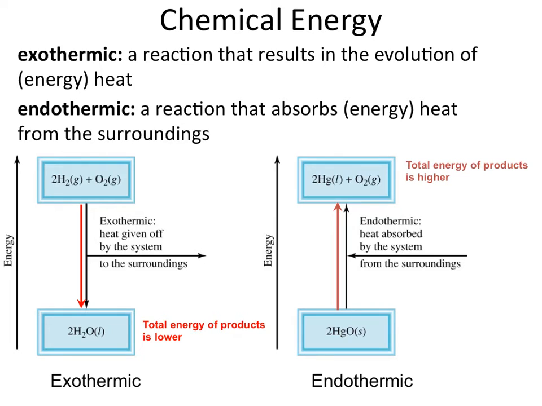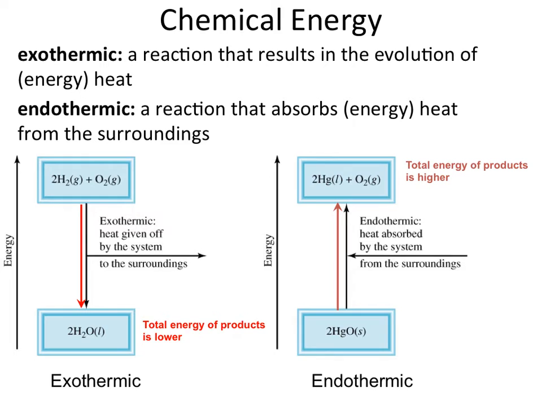It is going to release heat. An endothermic reaction is a reaction that absorbs energy in the form of heat from the surroundings. So in those situations, in terms of an endothermic reaction, a lot of times heat is going to be pulled from the surroundings into the system.